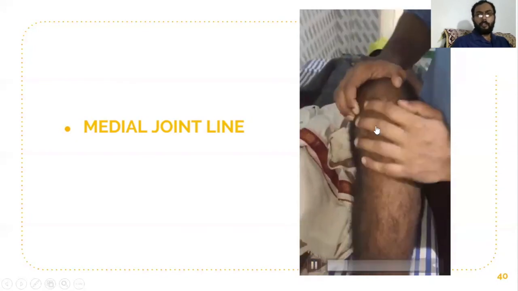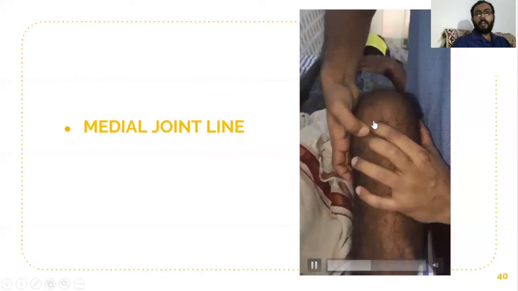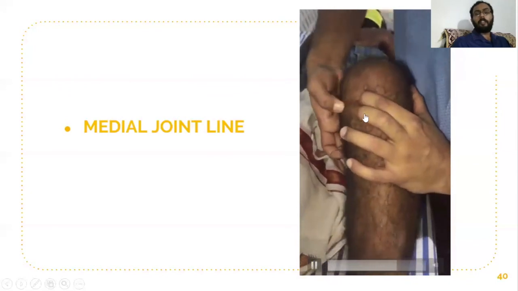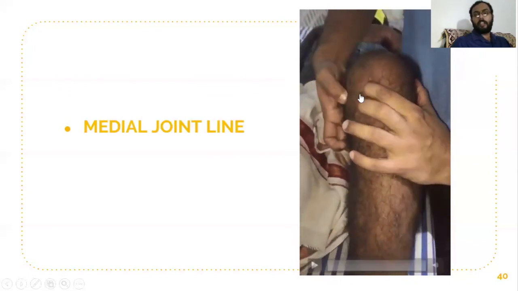Following an injury, the common condition in which we elicit tenderness in the medial joint line is meniscus injury. And without an injury, there is a chance of a horizontal or radial tear of the meniscus, in which we can also feel tenderness on the medial joint line.